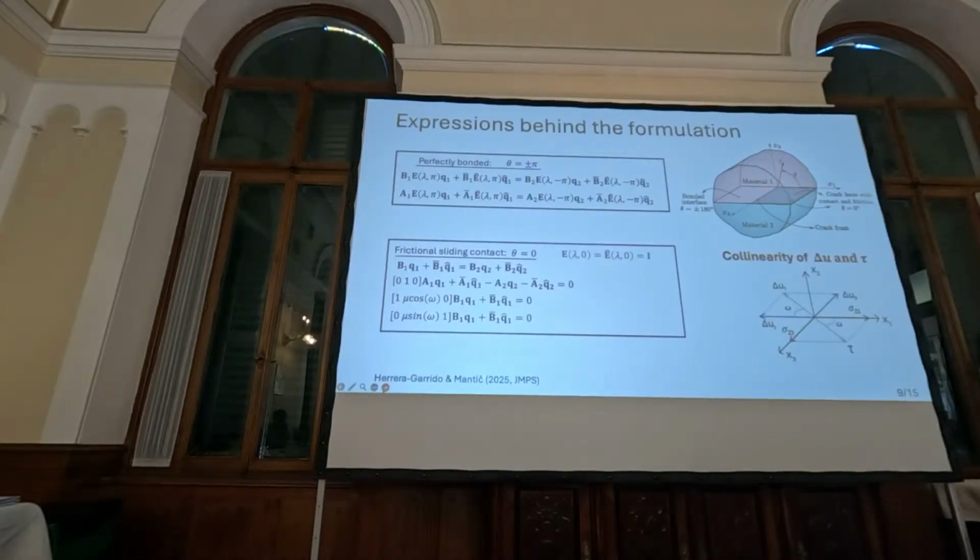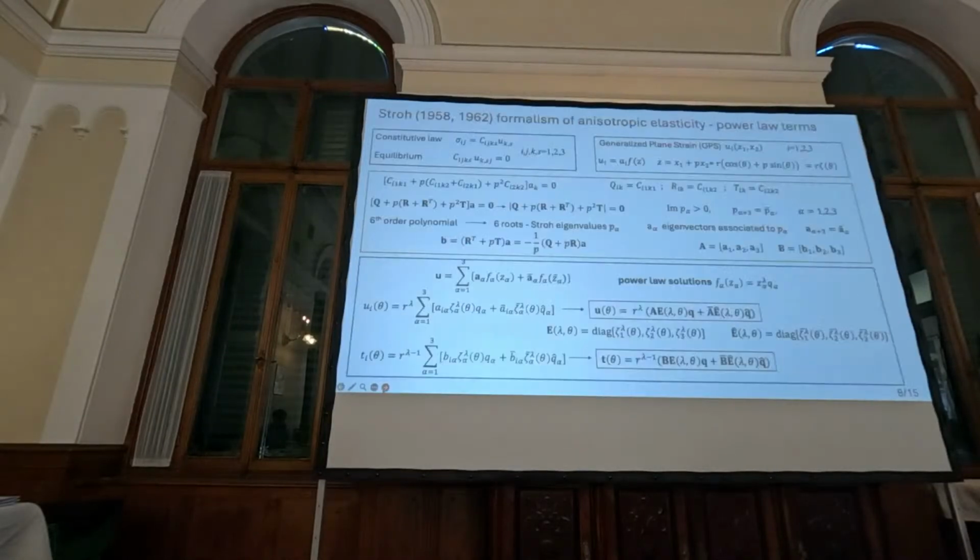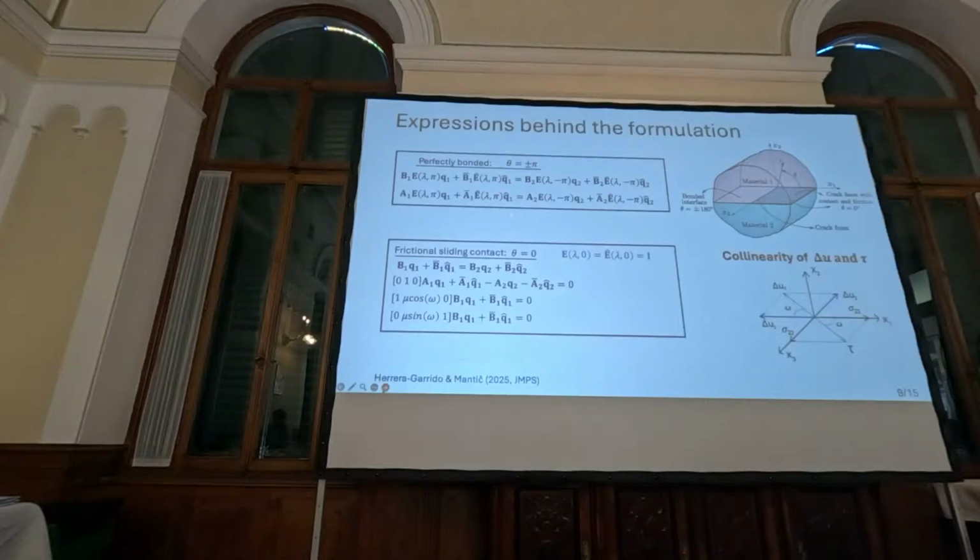Now we use this interface condition I showed previously. We plug in here the general expression for displacement and traction, and we obtain this condition once we remove the r to the power lambda or r to the power of lambda minus 1, for the unknown coefficient vectors q1, q1 hat, q2, and q2 hat, which are of dimension 3.